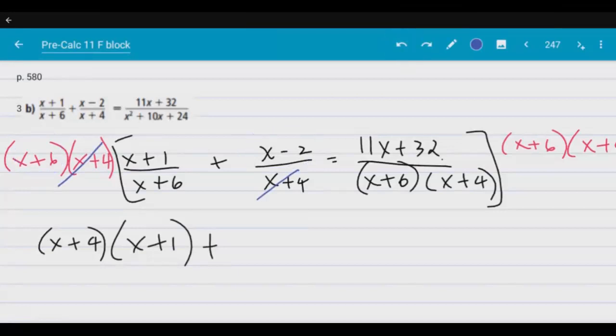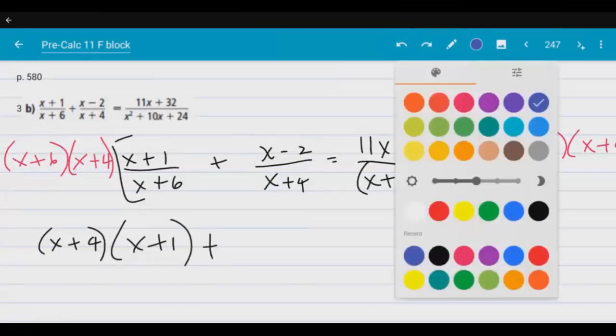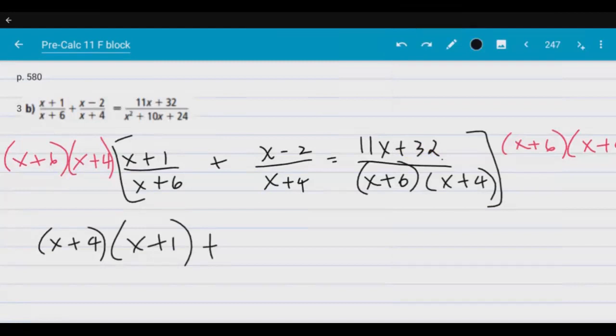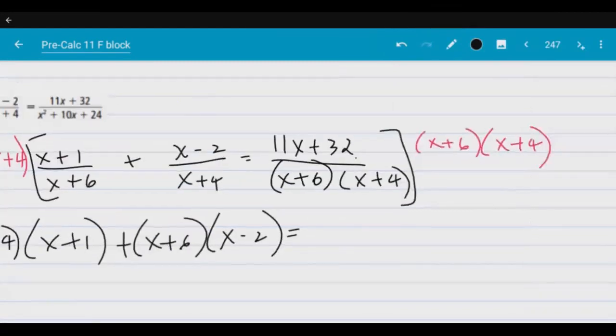That's basically what we're going to do. So we are left with x plus 6 times x minus 2. Well, on the right side of the equal sign, obviously, the denominators would cancel out with the two binomials because they're the same. So we have 11x plus 32 only here.